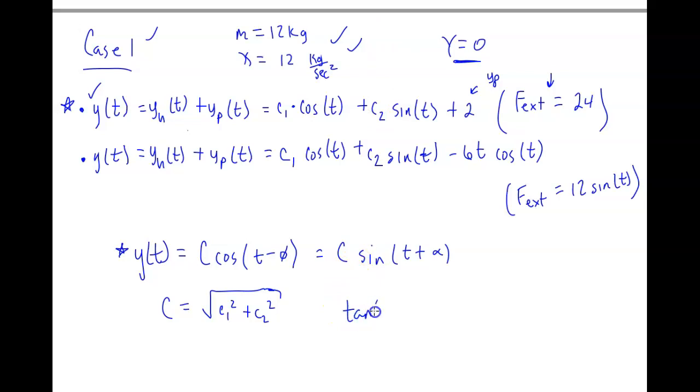So I'm going to express it this way. And of course, depending upon whether C1 or C2 are negative or not, or both being negative or both not being negative, that will let you know what the phase angle phi will be. So our angle alpha here, if you wanted to express it as a sine function, would literally just be pi over 2 minus whatever phi is. Okay?